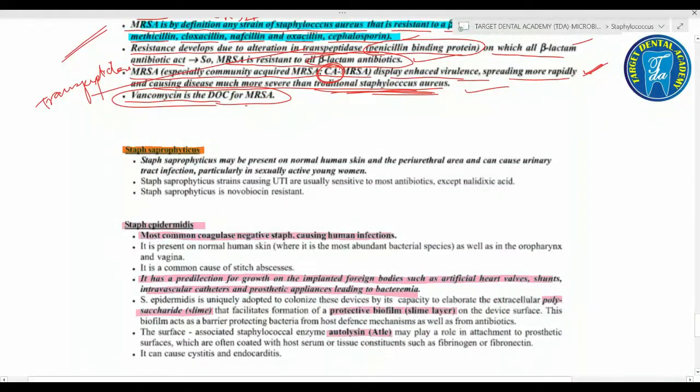Now next is Staphylococcus saprophyticus. As we have already discussed, Staphylococcus saprophyticus may be present on normal human skin and the periurethral area and can cause UTI.